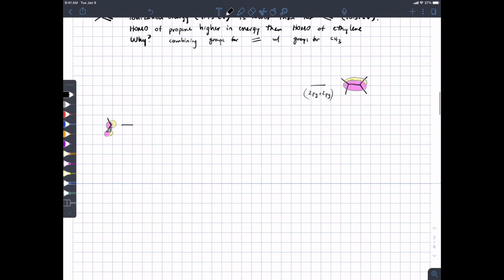So if we mix these together, we would have, let's see, this is the pi CH3. So we would have pi CH3 plus the 2py combination, and then we would have the minus combination up here, and this would be pi CH3 minus the 2py plus 2py.